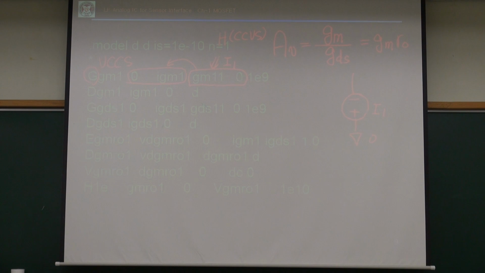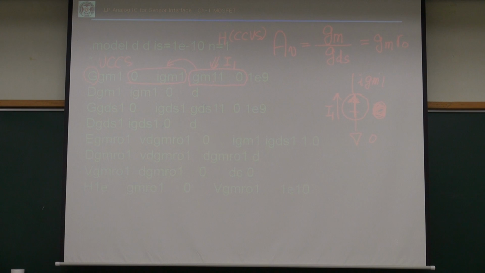Oh, sorry. This should be current, right? This is not voltage, this is current. So I just converted my I1 value from this voltage into current here. It flows through IGM1 and flows out.